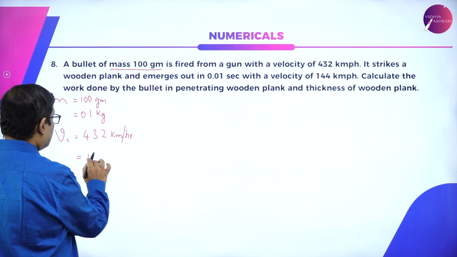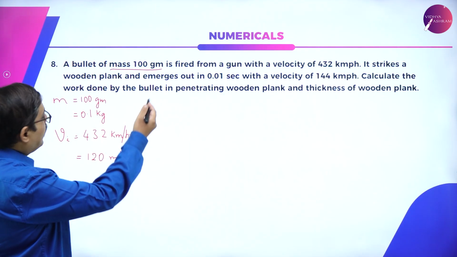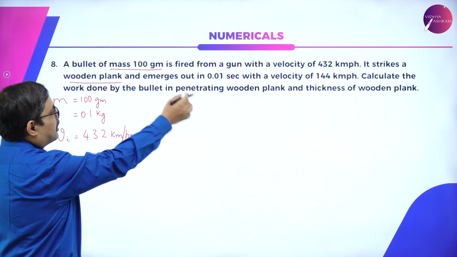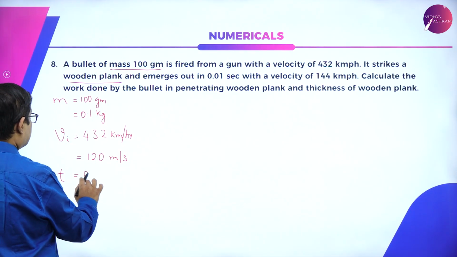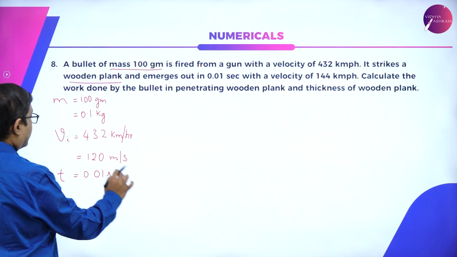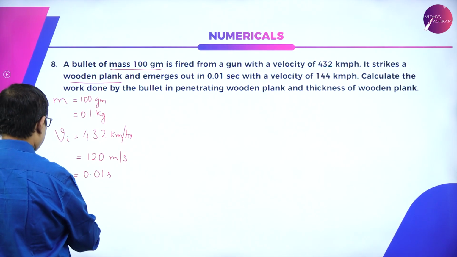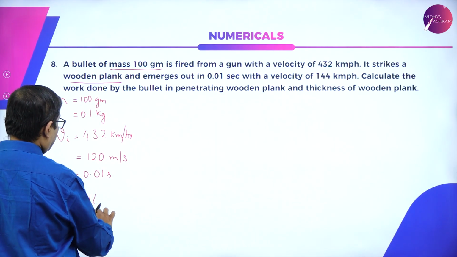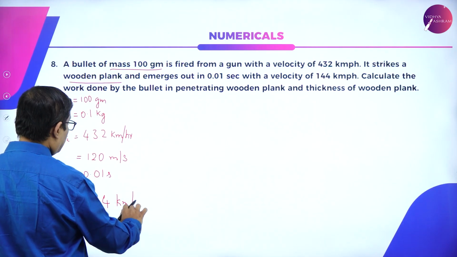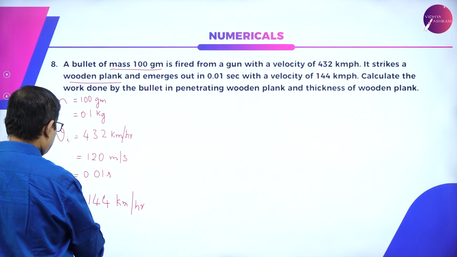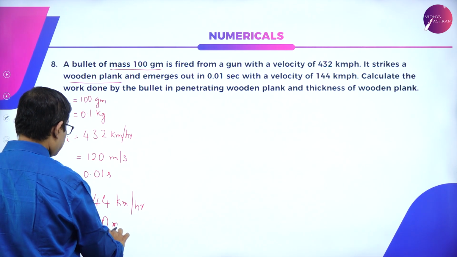This becomes 120 meter per second. The bullet strikes a wooden plank and emerges out in 0.01 second. Time is 0.01 second, and it comes out with a final velocity of 144 kilometer per hour. Once again, convert this into meter per second. This will be 40 meter per second.